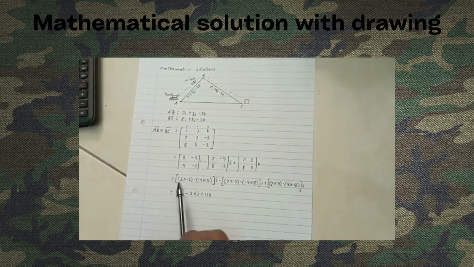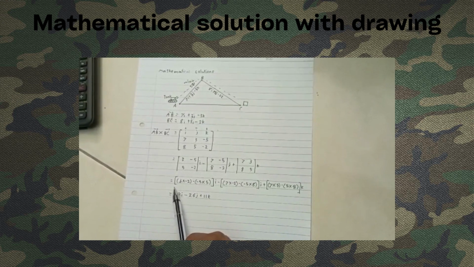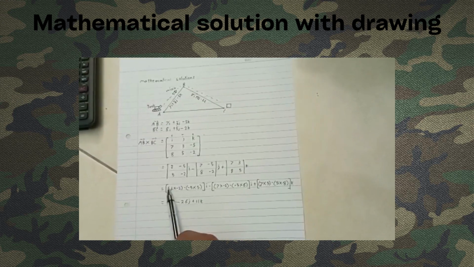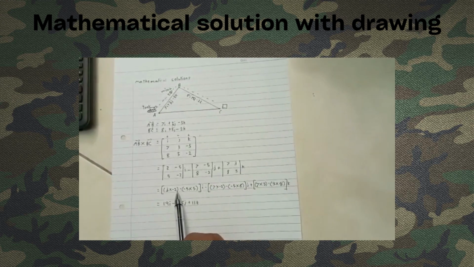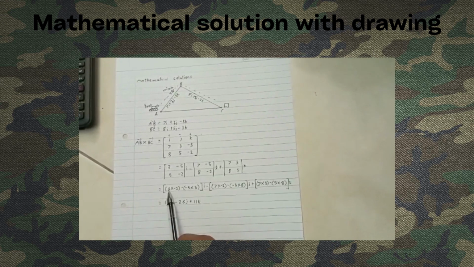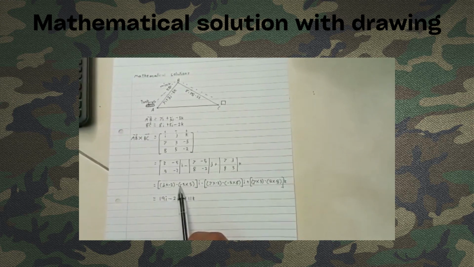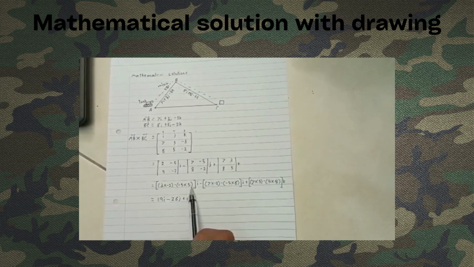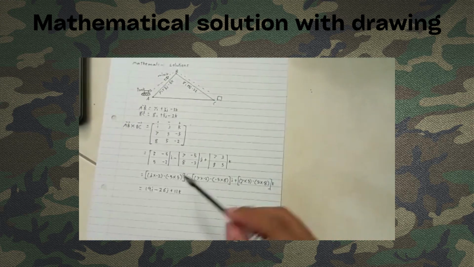And we put it in a large bracket, and in a small bracket 3 multiply negative 2, close bracket, minus small bracket negative 5 multiply 5, and that equals 19i.